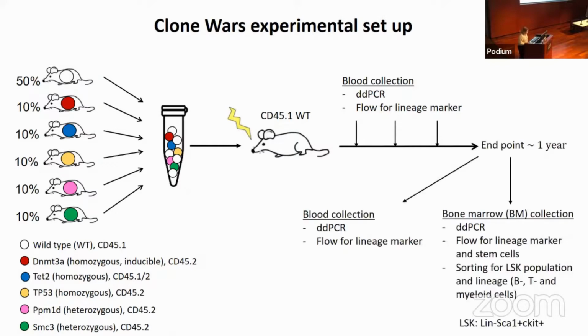At the end, apart from collecting blood, we also collected bone marrow to, again, do the dPCR for the whole bone marrow, but also stain for lineage and stem cell markers. Additionally, we sorted for LSK populations and lineage populations to then isolate DNA out of those cells and run the dPCR to look at the clones in those populations.